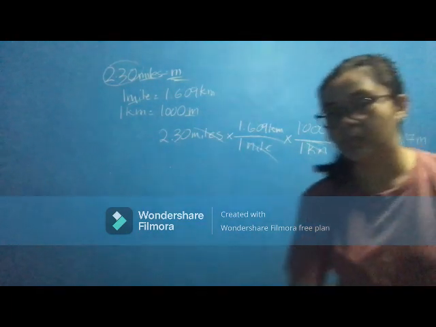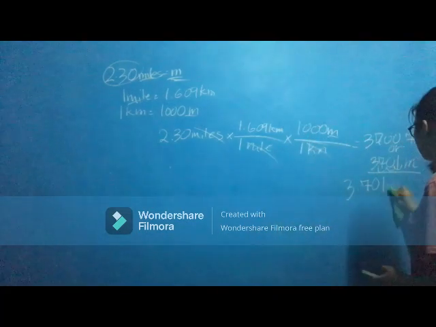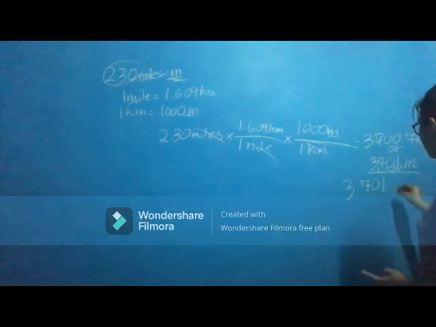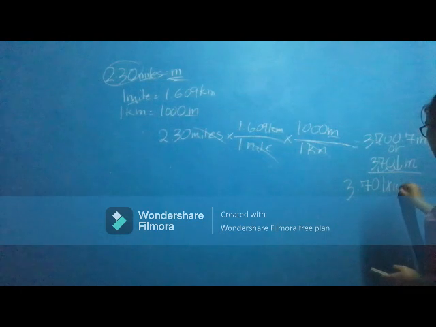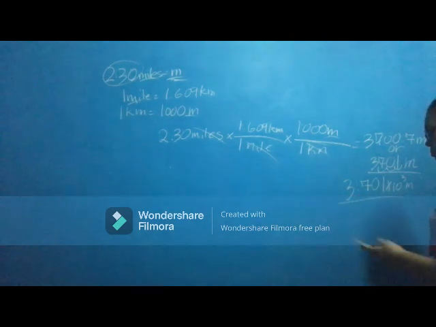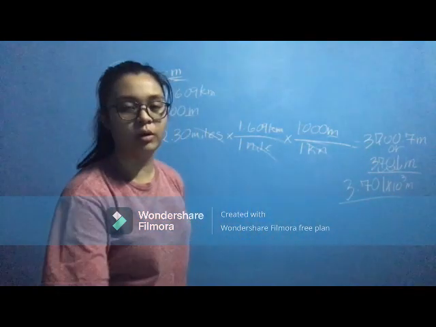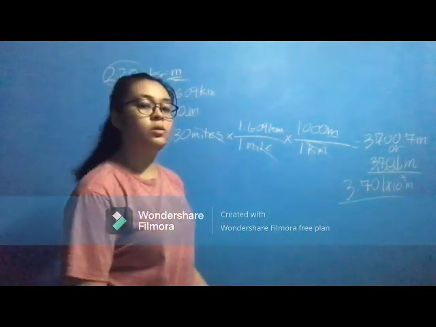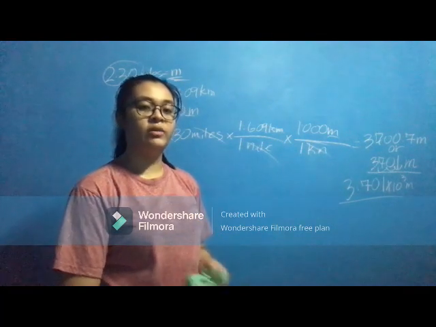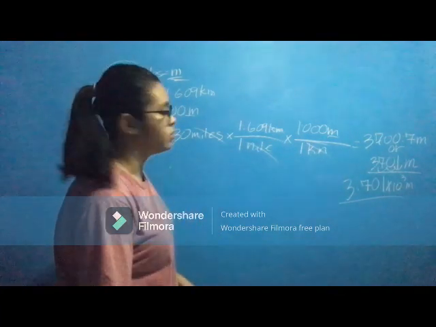Wait, let's not forget the important sign. Times 10 to the 3, since we moved 3 places. Then that's your answer. 3 possible outcomes on whatever your professor asks you to have in your problem.